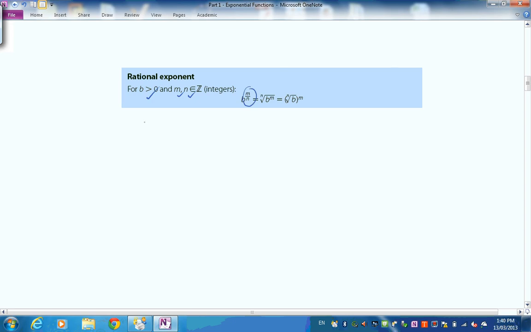Let's see if we can define b to the 1 on n for a start by taking an example, e.g. what would b to the half mean? Well, if you multiply b to the half by b to the half, you just get b to the half plus a half, which is b to the 1. In other words, b to the half is that number multiplied by itself to get b. Isn't that another way of saying the square root of b?